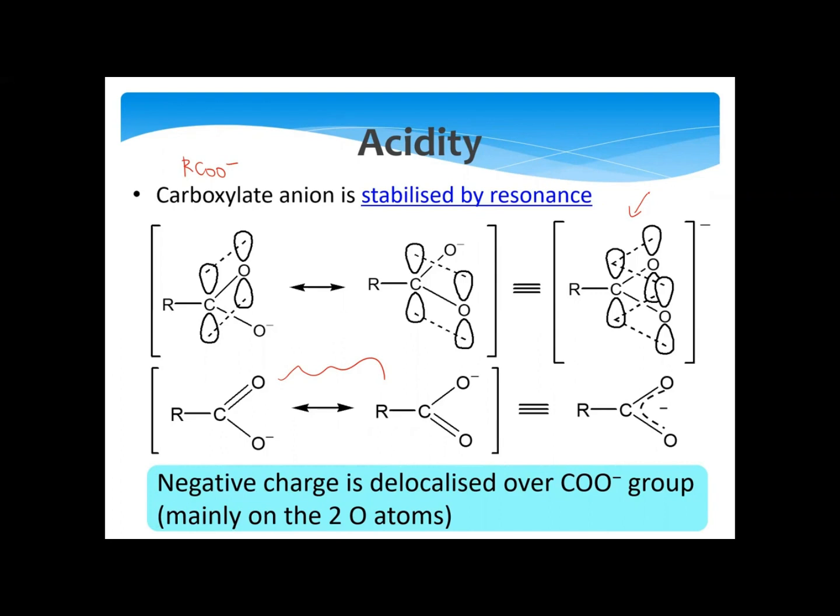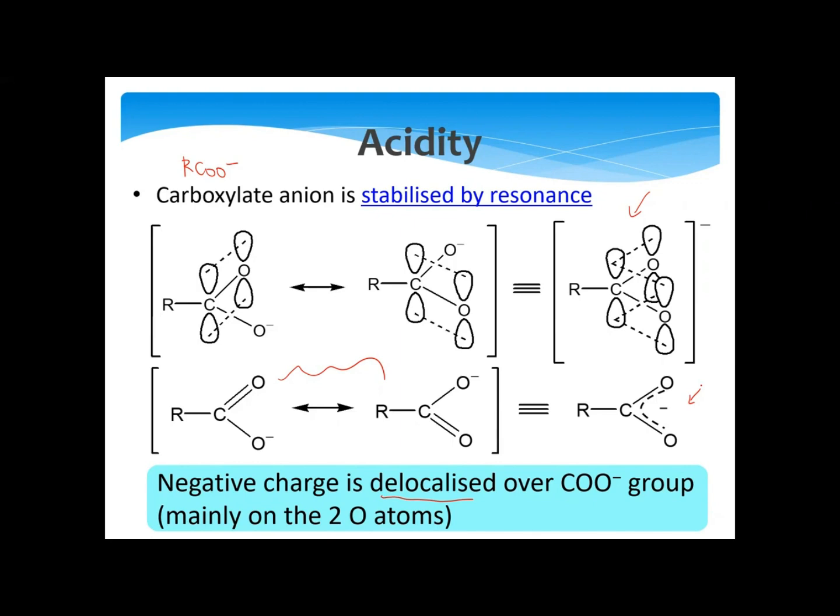Delocalized, to put it simply, means the negative charge can be spread out over the COO minus group. We don't use the words spread out when explaining in our tutorials, tests, and exams. We use the word delocalized, but I just want to explain in simpler terms what delocalization of negative charge means. So this is probably an easier representation to understand.